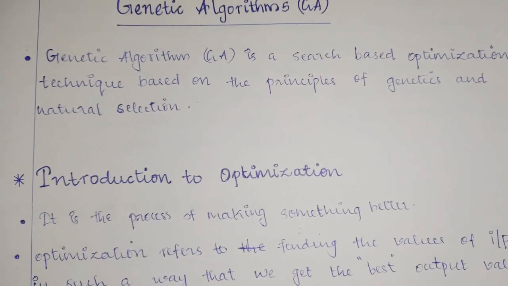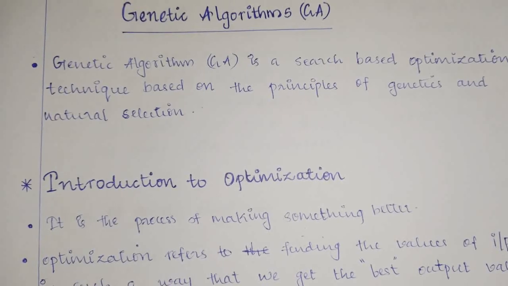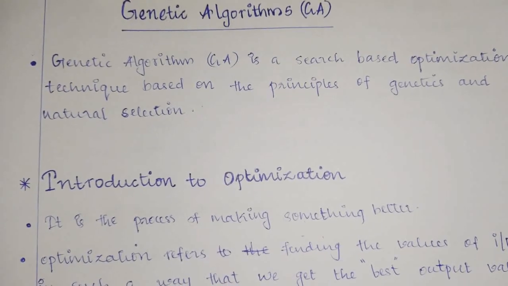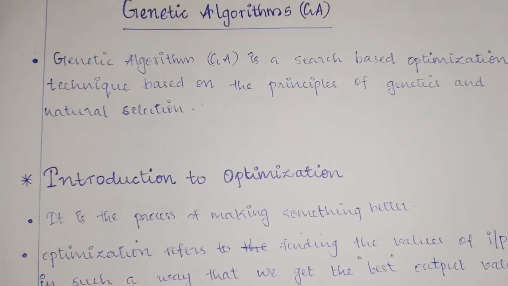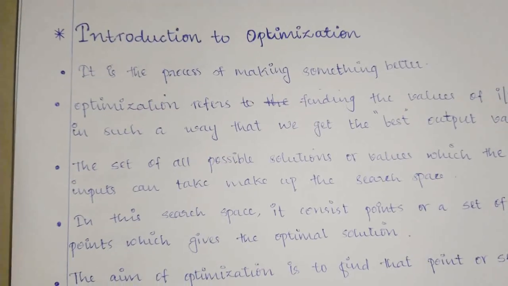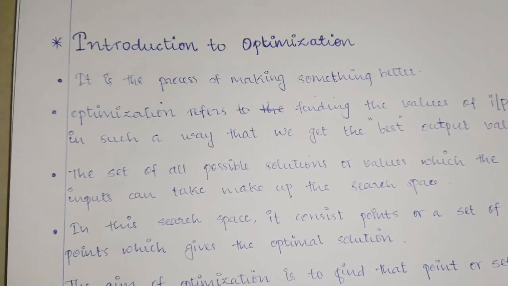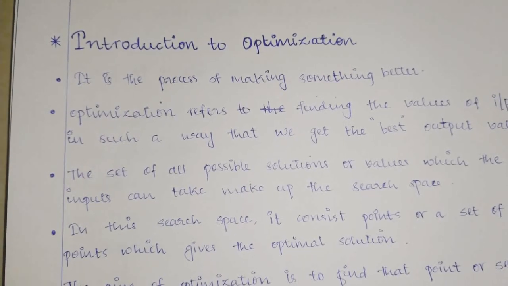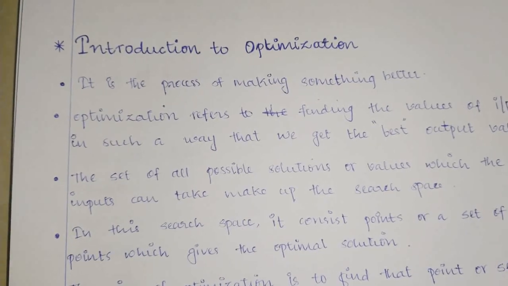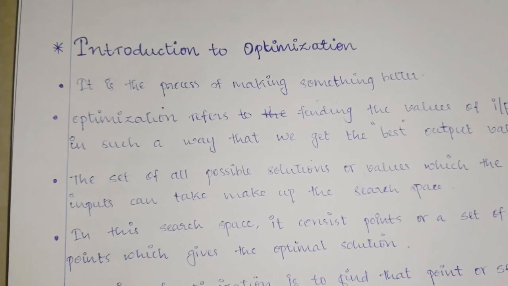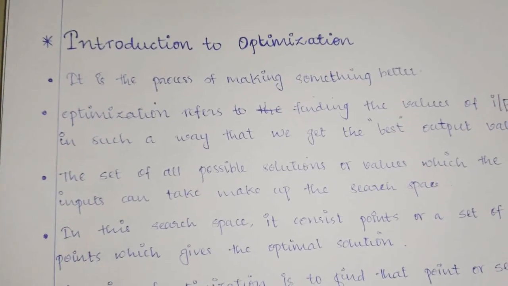And here we used the term optimization in the definition of GA. So let's see what optimization is. Optimization is a process of making something better. We all know that a process or problem has a set of inputs and a set of outputs corresponding to those values of input.